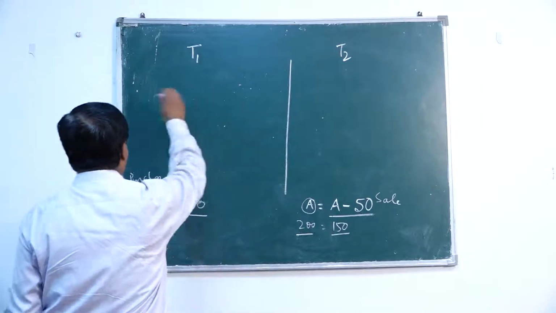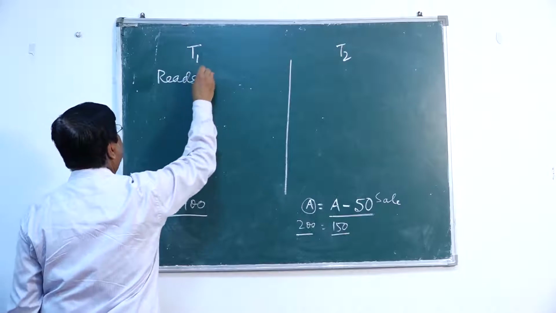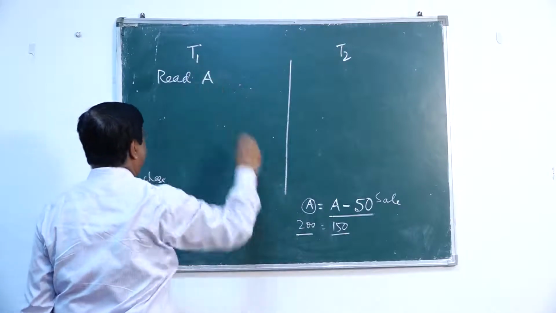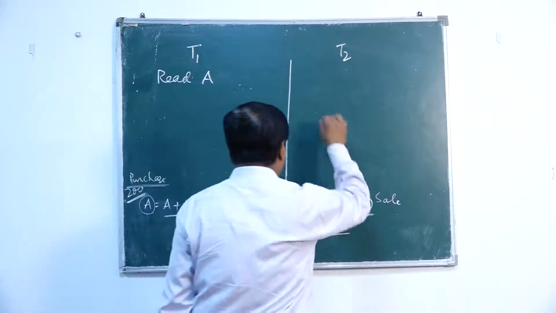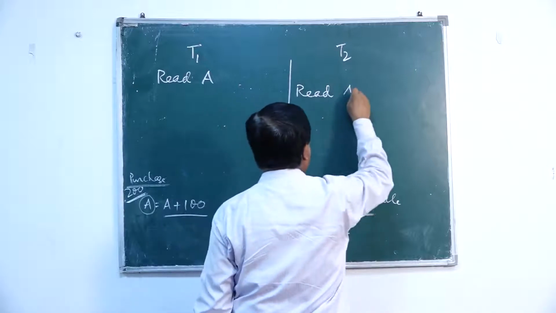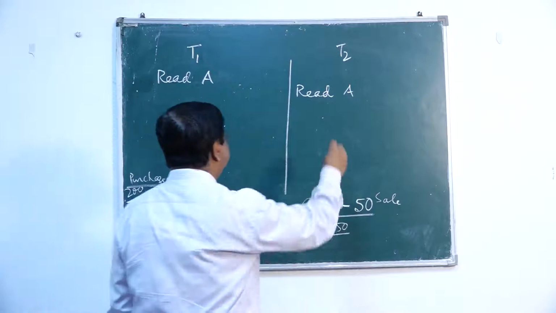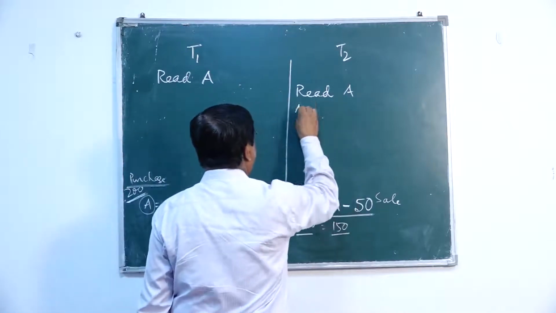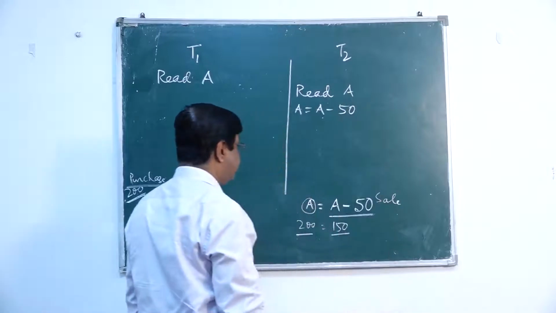Suppose T1 reads A, then the processor executes read A of transaction T2, and then A is equal to A minus 50.